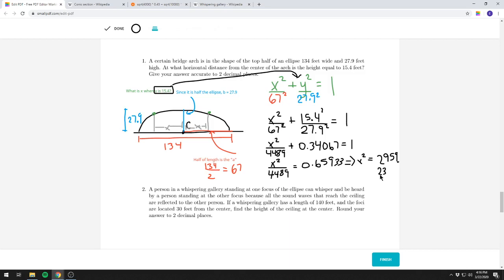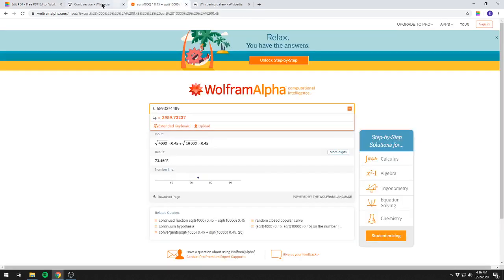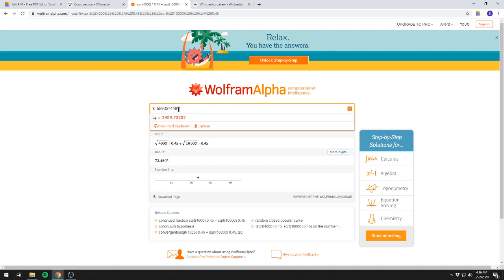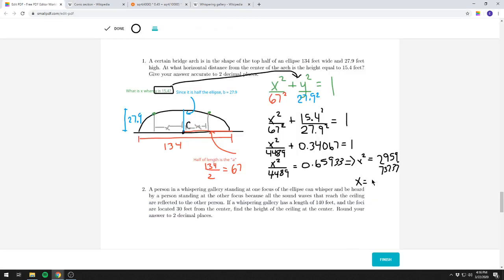I lost my spot. X squared equals 2959.73237. And then if we do the square root of that number, the square root of that number is 54.40 rounded to 2 spots.